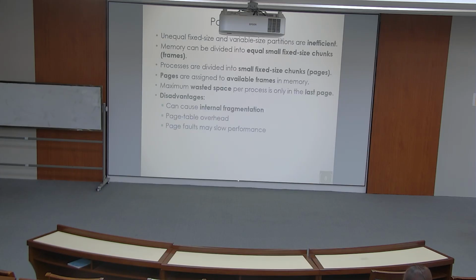So to solve this issue, paging allows the memory to be divided into equal but small fixed size chunks that we call frames, and the processes are divided into small fixed size chunks that we call pages. And we have pages that are assigned to available frames in the main memory.